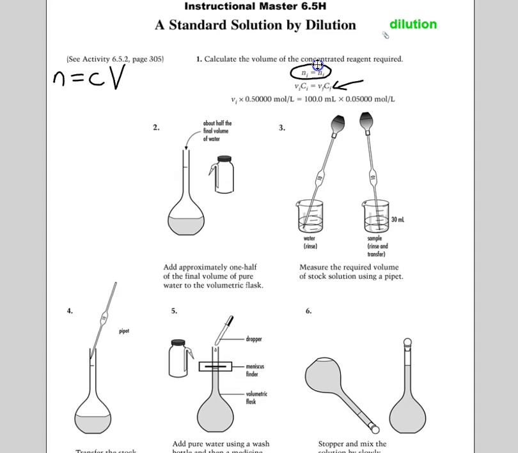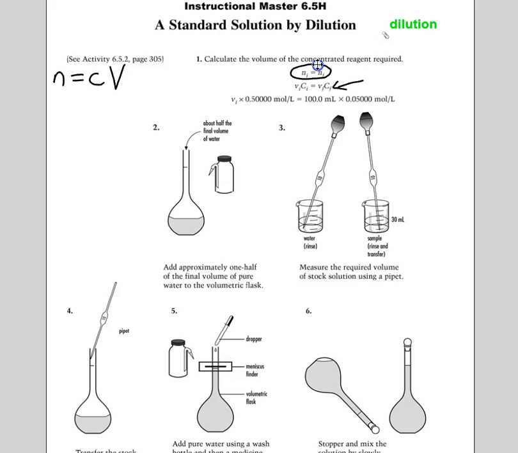So we're taking a small volume, bring it up to a larger volume, but what happens is we actually start with a more concentrated solution and drop down to a less concentrated solution. So dilution involves an increase of solution volume, but a decrease in solution concentration.